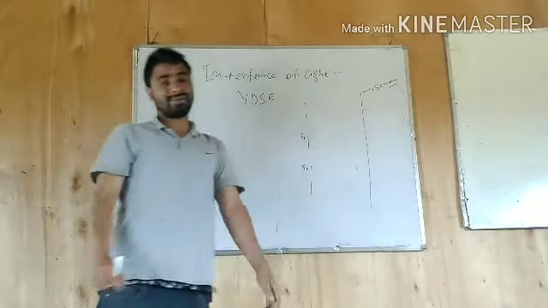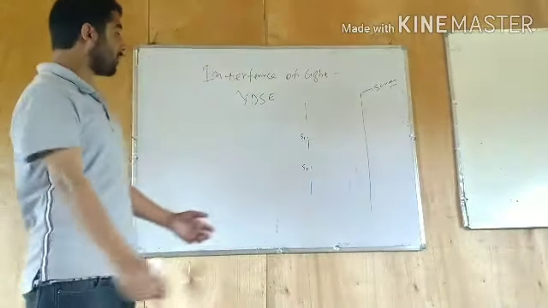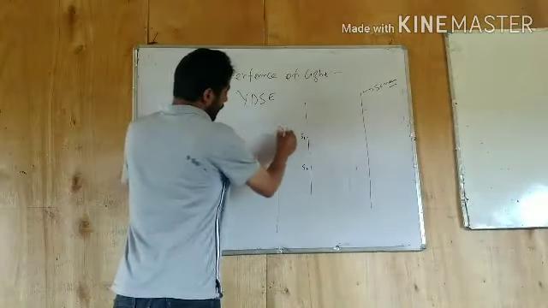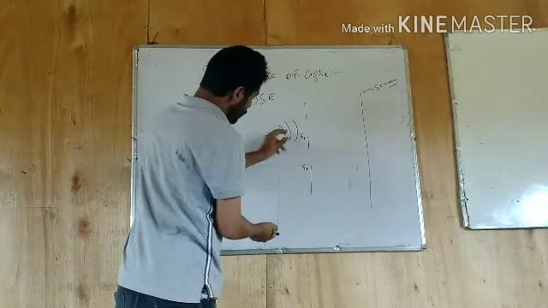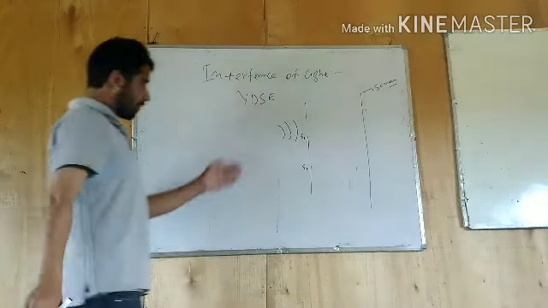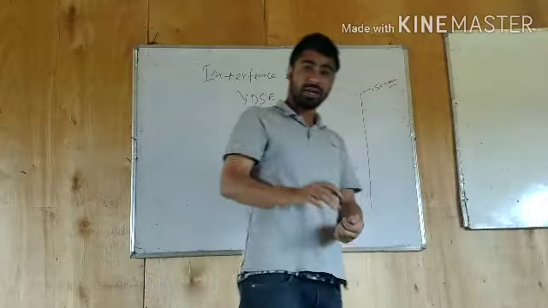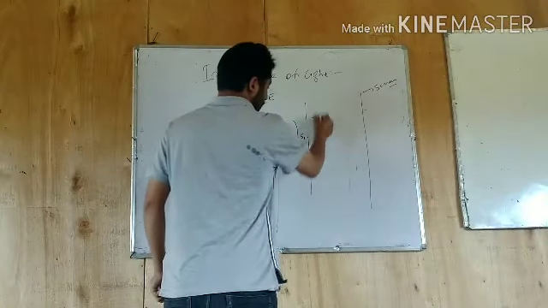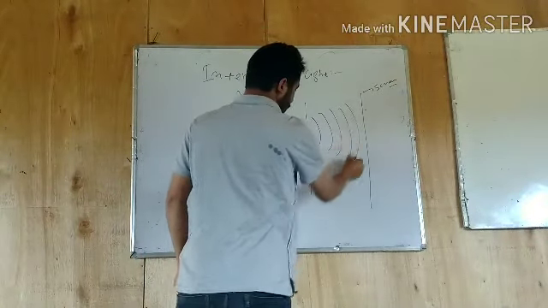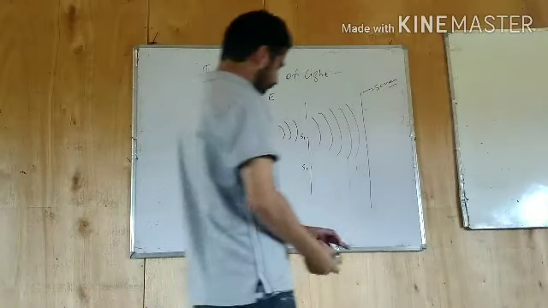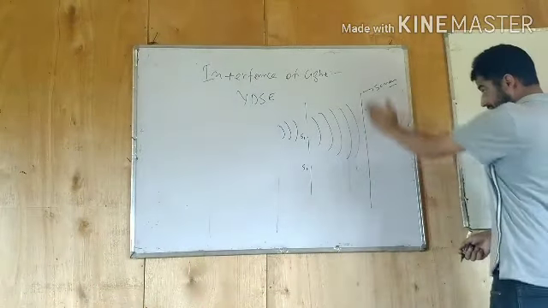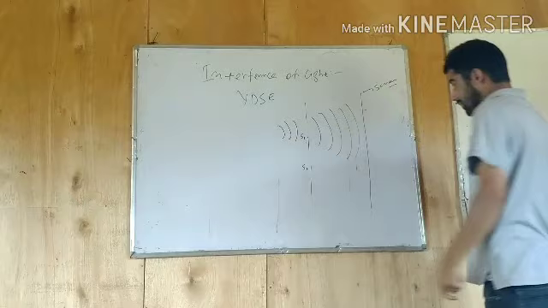For example, a light ray first passes through this slit. When it emerges from the slit, it will spread out this way. What we expect is that when it spreads out, it will just illuminate this screen.